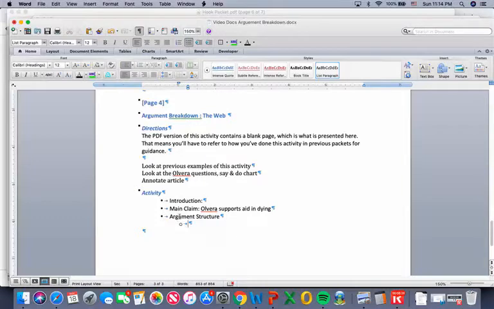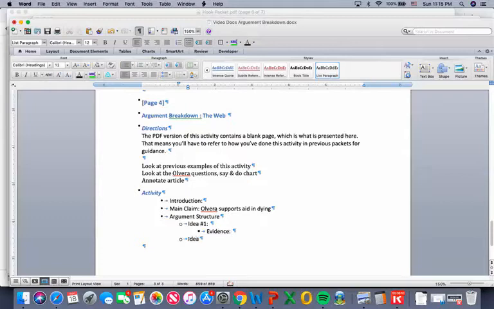And then the one below that is argument structure. I indented to make idea number 1, and then indented again for the evidence. There's going to be more than one idea, so I go back one level so that idea 1 and idea 2 are at the same level.